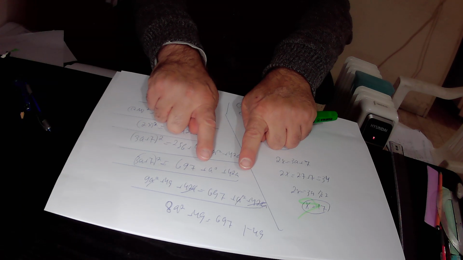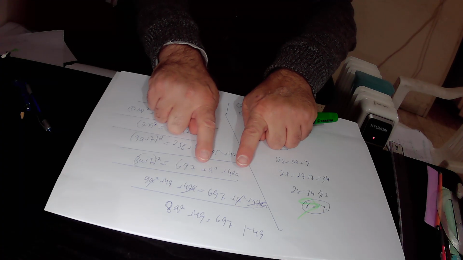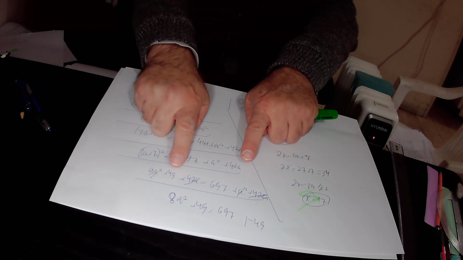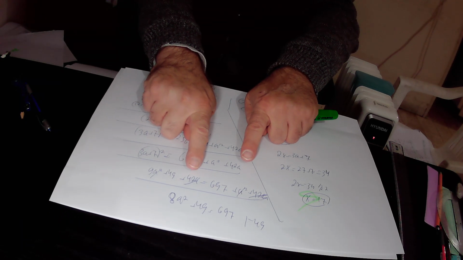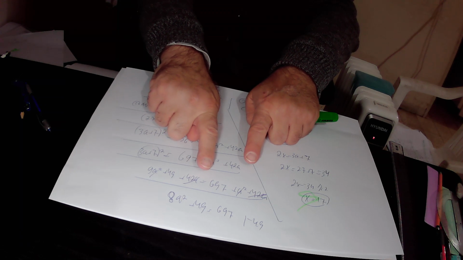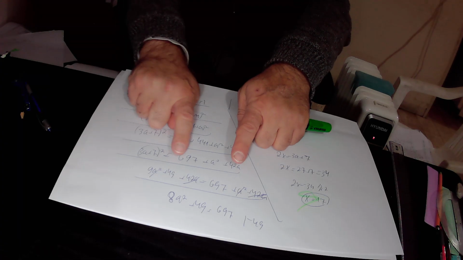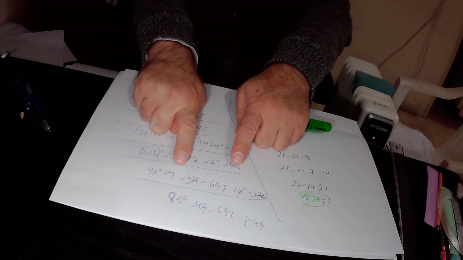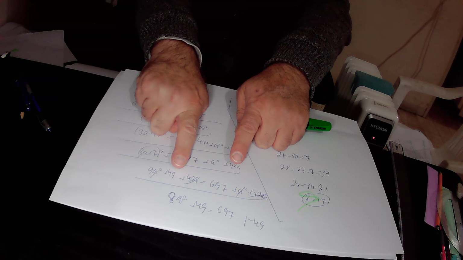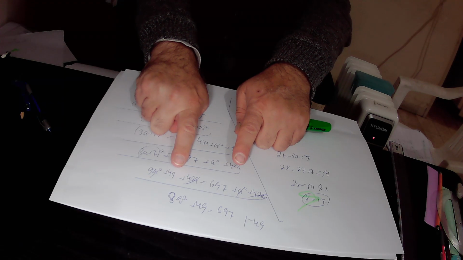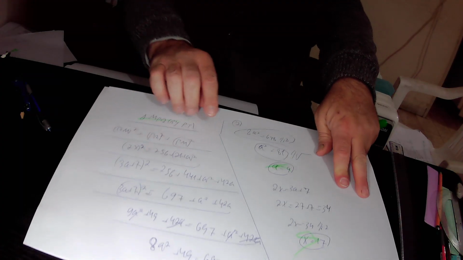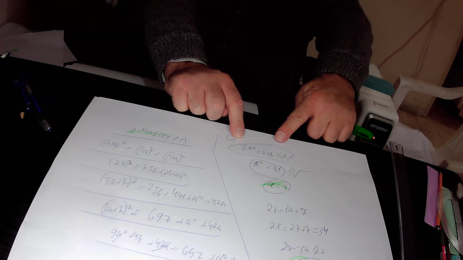Here we subtract 49 from the equation, so we leave 8a squared. 697 minus 49 is 648. So in total we found out that 8a squared equals 648.